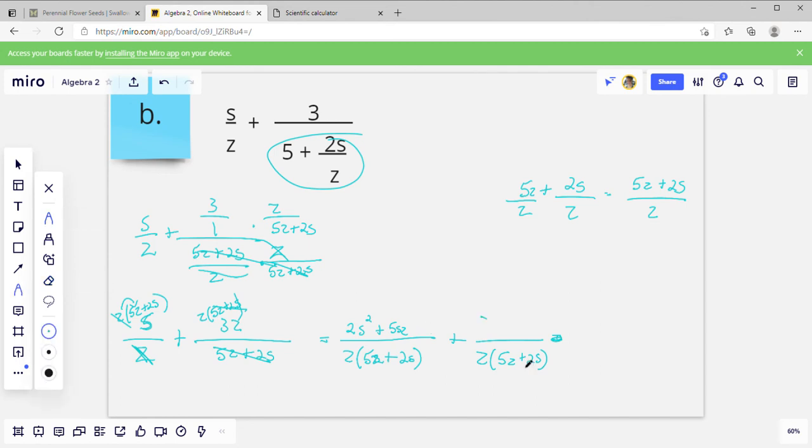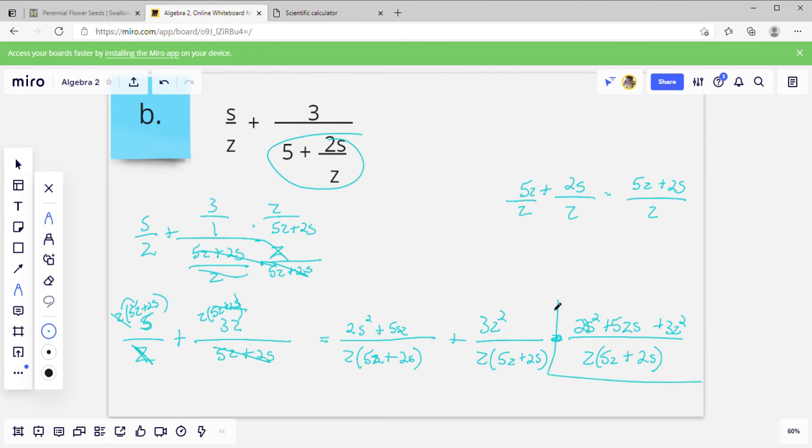So this will be our 3Z squared, and we add those together, and we get 2S squared plus 5ZS plus 3Z squared over Z times 5Z plus 2S.